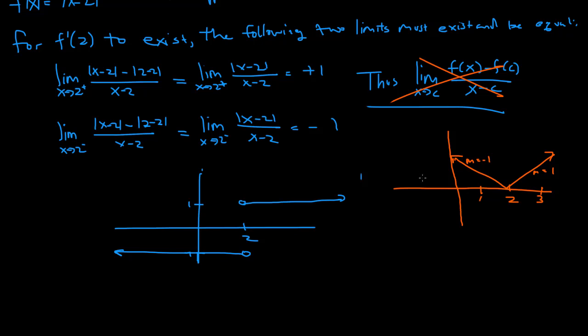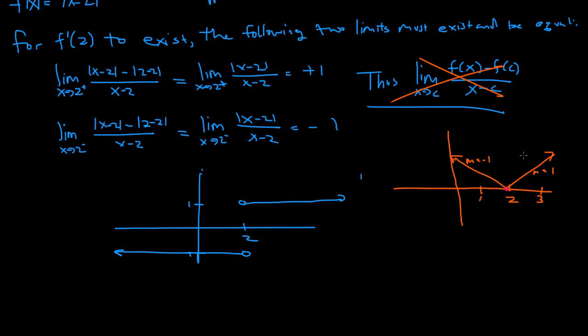There will be functions where there are lots of sharp turns, and so there'll be points where they're not differentiable, or maybe other reasons why they're not differentiable. But as for this particular example, the only sharp turn is right here at x equals 2, and so it's not differentiable at that point.